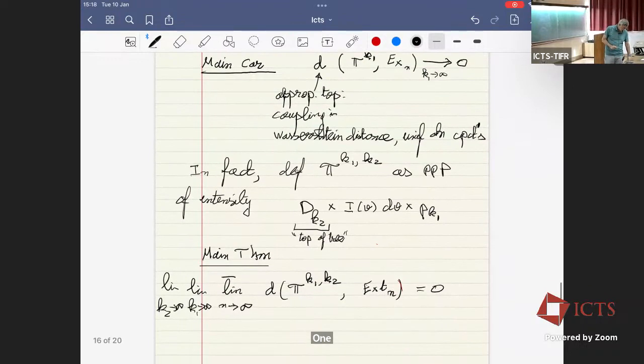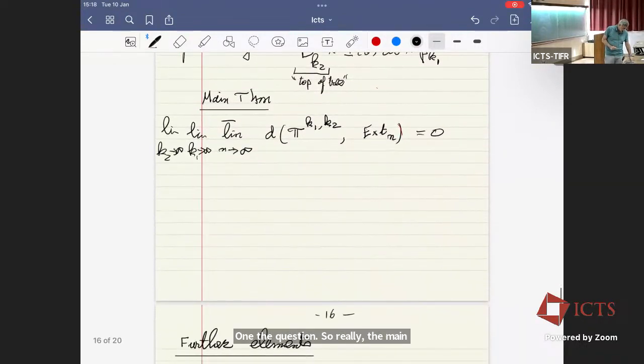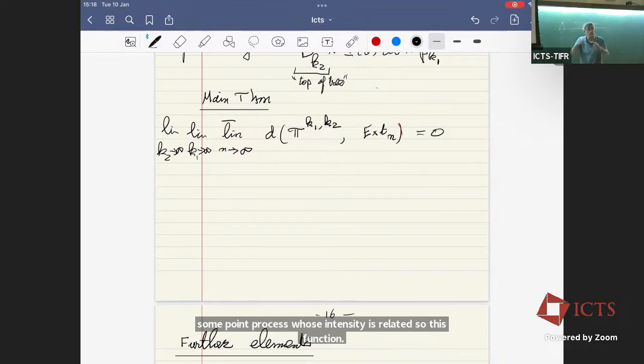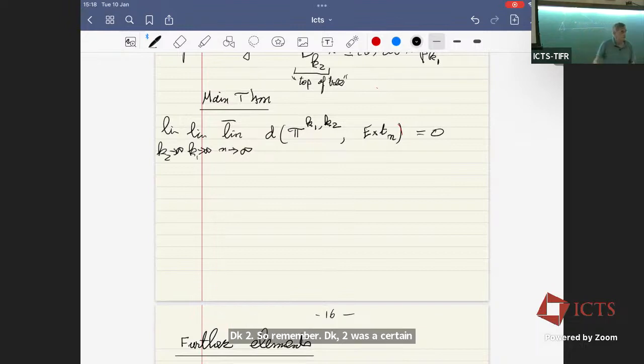So really the main theorem, maybe I should say it like that, is that if you look at the extremal process and you replace everything by a Poisson point process whose intensity is related to this function dk2. So remember, dk2 was a certain derivative martingale that I introduced in the beginning. It was a function of theta.